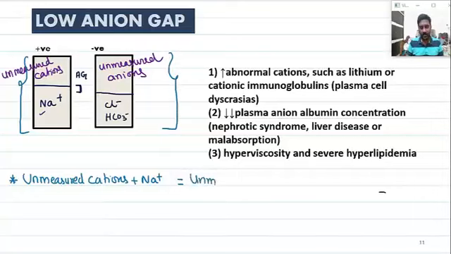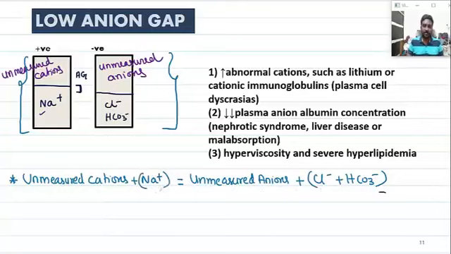unmeasured anions plus chloride plus bicarbonate. So let me write this together. Whatever I put in brackets for ease of understanding, those are measured parts, and which I did not include in brackets, those will be unmeasured parts.